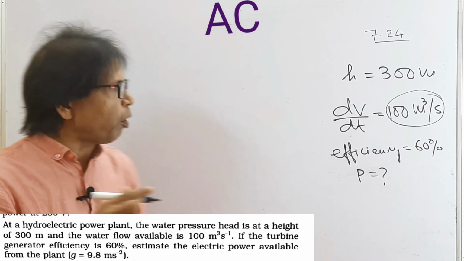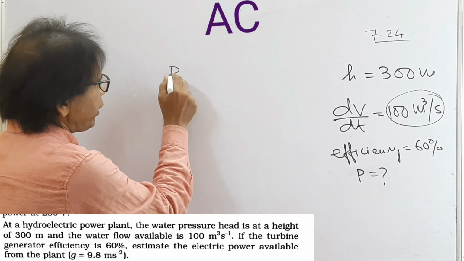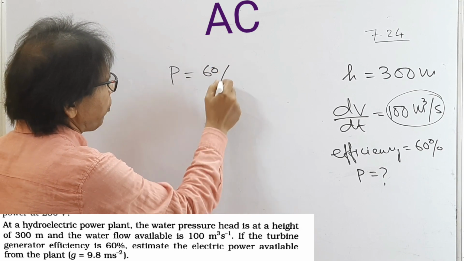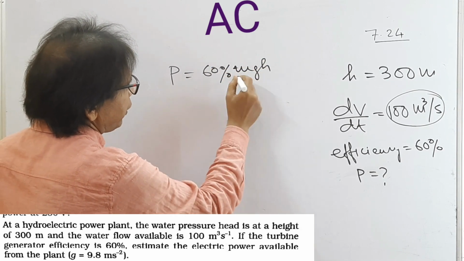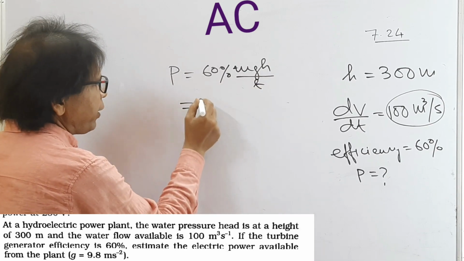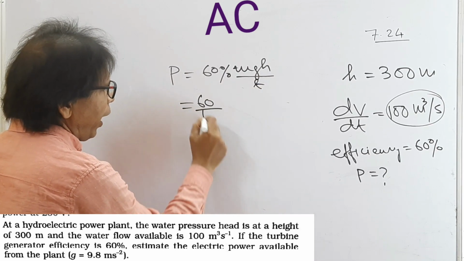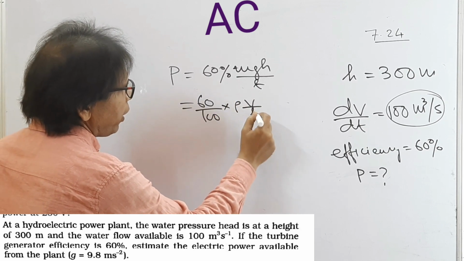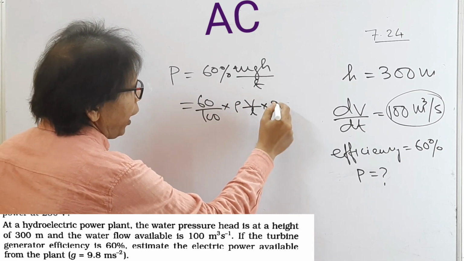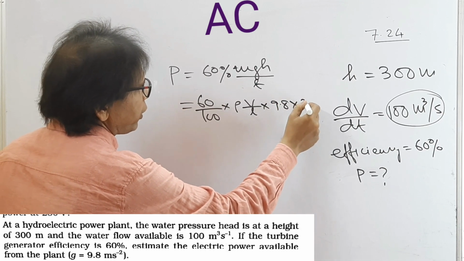Electrical power produced is 60% of mechanical power. Look at this. This is mgh divided by t. Now this is 60 by 100 into rho into V by t into g, 9.8, into h, which is 300.